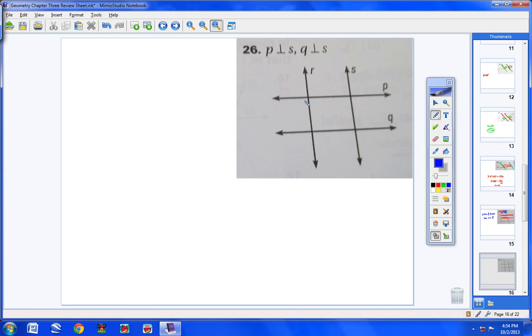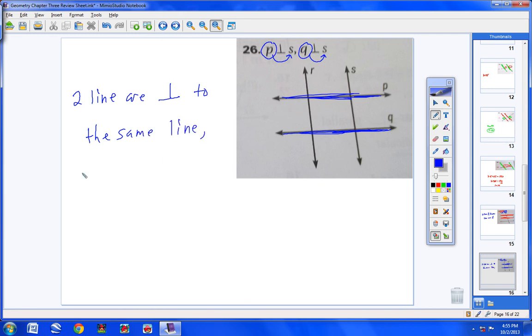All right. Now again, we're trying to prove that P is parallel to Q. Look what I have up here. I have P is perpendicular to S, and Q is perpendicular to S. Okay, now I've got a theorem. Here's what you would write. I've got a theorem that says if two lines are perpendicular to the same line, those two lines are parallel.